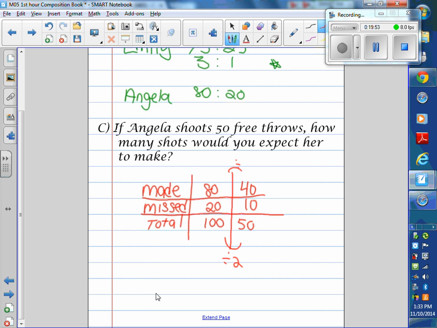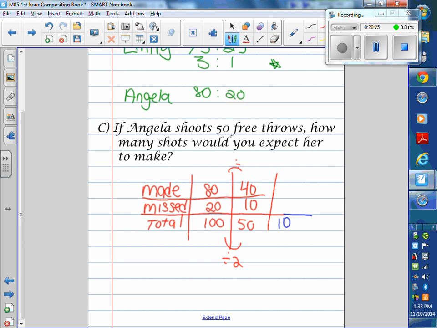What if I said now maybe she does 10 baskets. What do you think, Ava? For Angela, I think that she would probably make maybe 7.